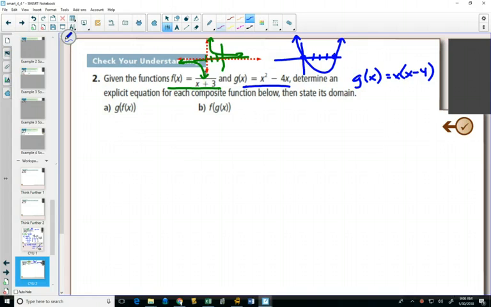If I plug in 2, because that's right between those, I would find out that my vertex is at 2, -4. So I'm not using transformations to graph that because it's not just an x squared graph plus or minus something. I'm using some of my skills from graphing quadratics from grade 11.